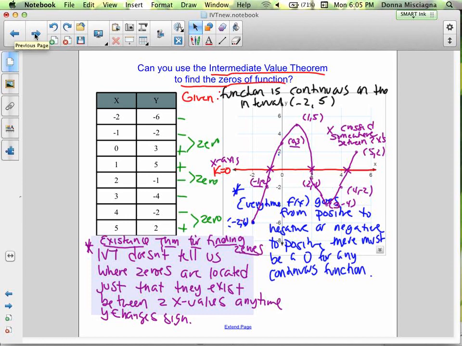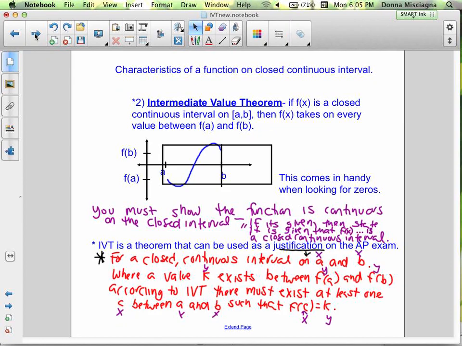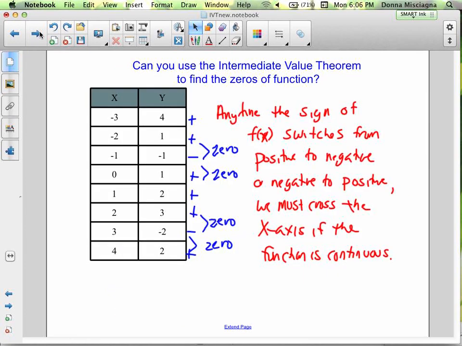So anytime the y value changes signs, right, it's a continuous function. Intermediate value theorem states that on a closed continuous interval, every y value has to be represented between the two endpoints of that interval. Right? Can't skip anybody because you're continuous.